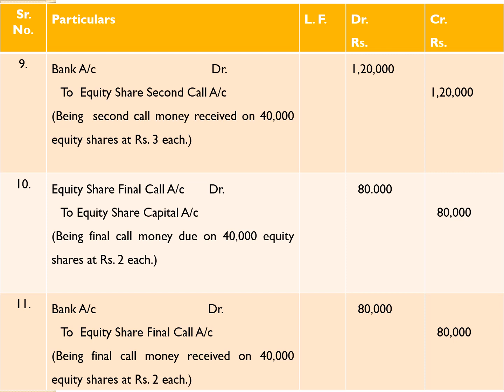Every entry has a narration. The narration should convey what transaction actually happened. In this way, we considered a practical approach to collection of capital on account of issue of shares.